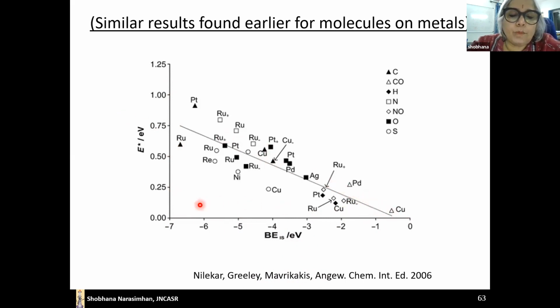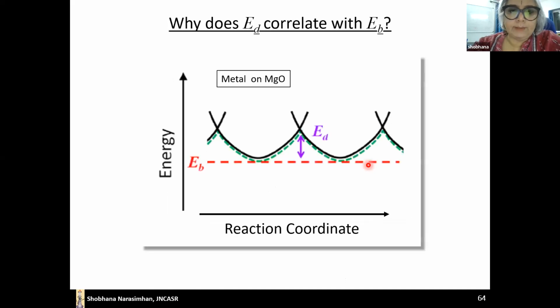The reason the slope looks the opposite way from my graphs is because I define the binding energy with an additional minus sign, which they haven't done. So their binding energies are negative, and so they have the slope this way instead of this way as I do. So why does this happen? Why does the diffusion barrier correlate with the binding energy?